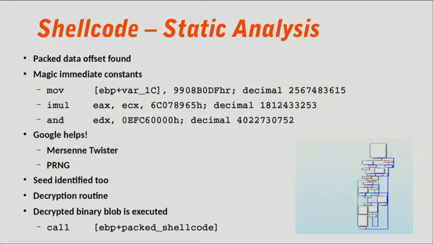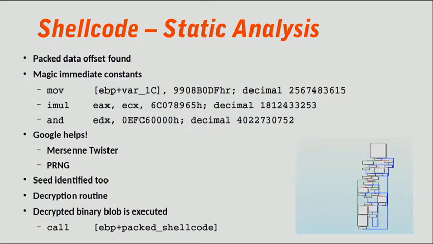So if you just Google for those hexadecimal numbers, all the hits are about Mersenne twister. So it's a PRNG, a pseudo-random number generator. So it's part of the decryption routine. We also can identify the seed for this algorithm, so we can recreate the decryption routine.